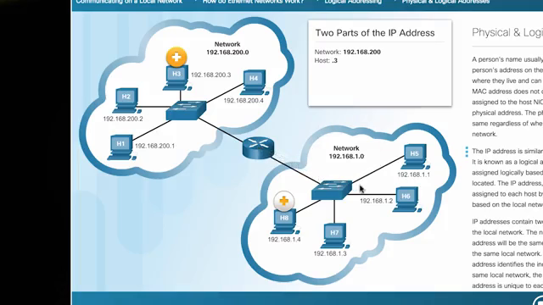It will be encapsulated in a new Ethernet frame. The source MAC address will be that of the router's Ethernet interface connected to the 192.168.1.0 network, and the destination MAC address will be that address of the NIC card of host H8.